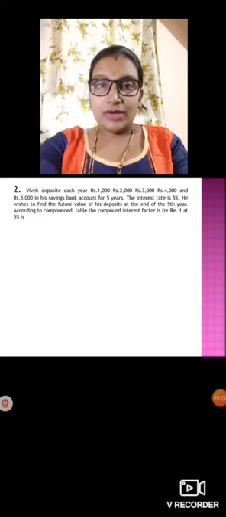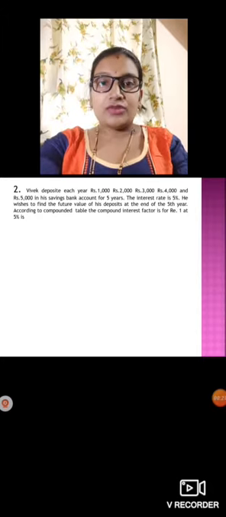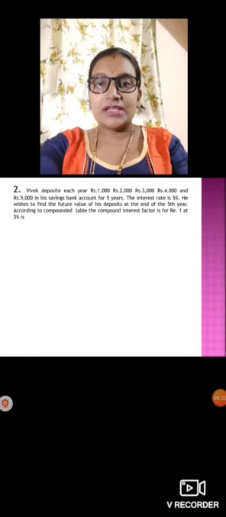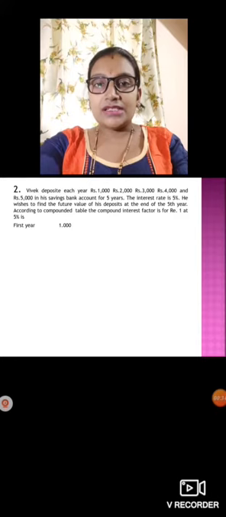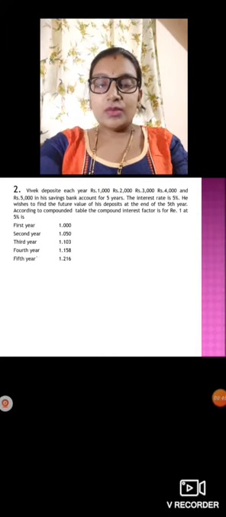According to the compound table, the compound interest factor for rupee 1 at 5% is given here: first year 1.000, second year 1.050, third year 1.103, fourth year 1.158 and fifth year 1.216. We'll see the solution of it.